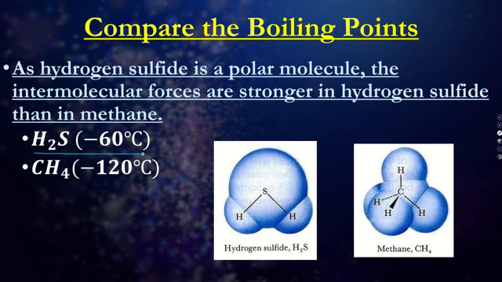With hydrogen sulfide, based on this diagram, there's a greater electron density on the sulfur in comparison to the hydrogens, whilst in methane the electron density is shared very equally, and that shows the difference in boiling points and in the amount of polarity between these particles.